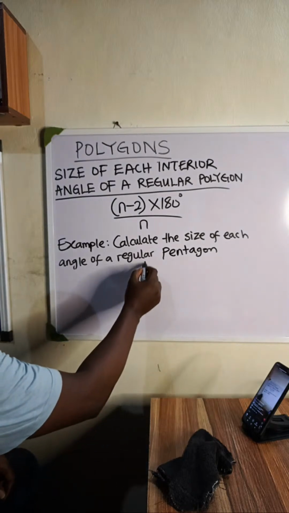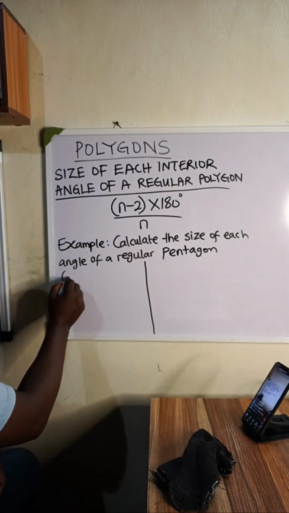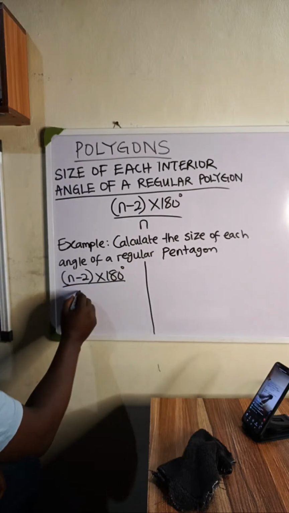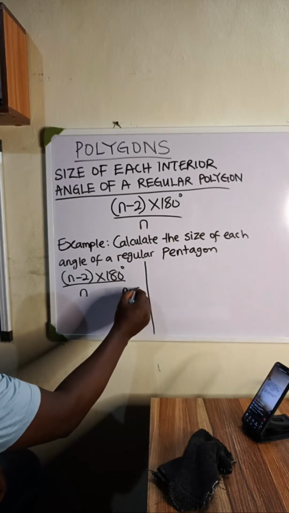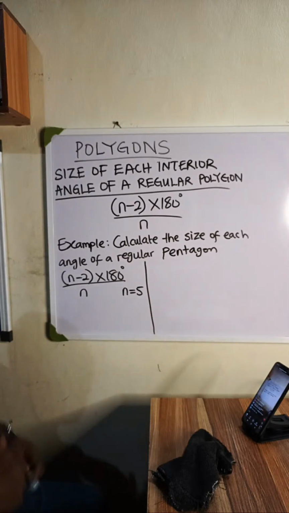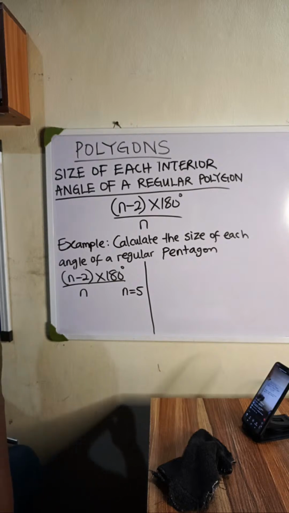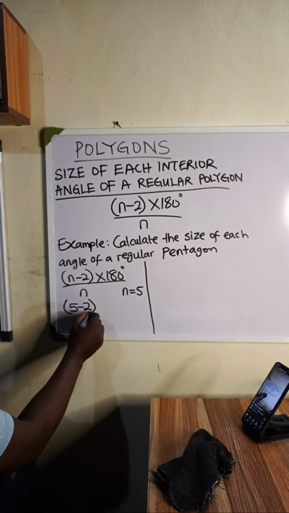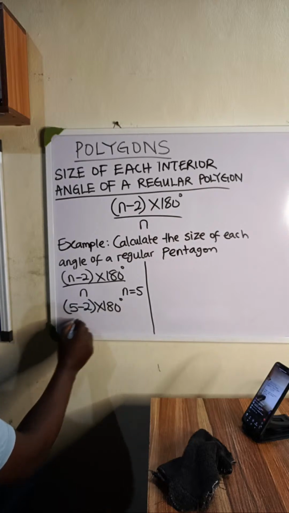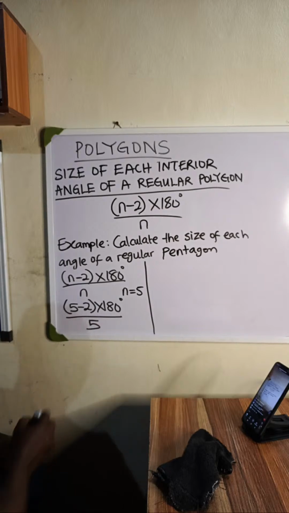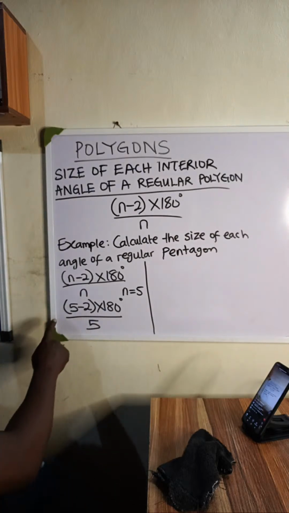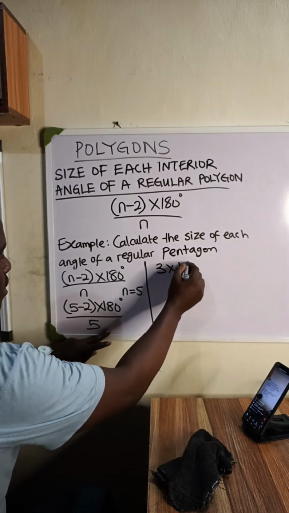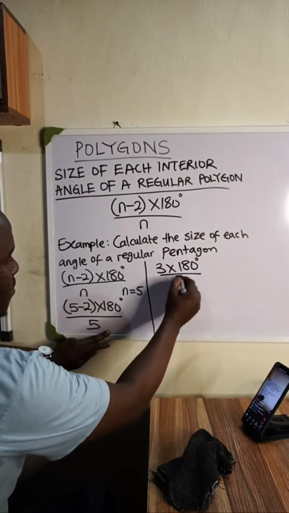So that means we have n minus 2 times 180 degrees all over n, where n is equal to 5. So 5 minus 2 times 180 degrees all over 5. 5 minus 2 gives us 3, so we have 3 times 180 degrees all over 5.